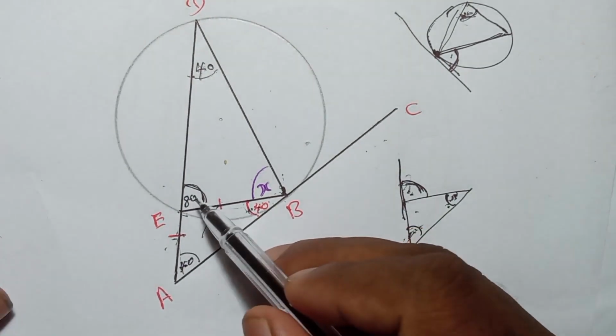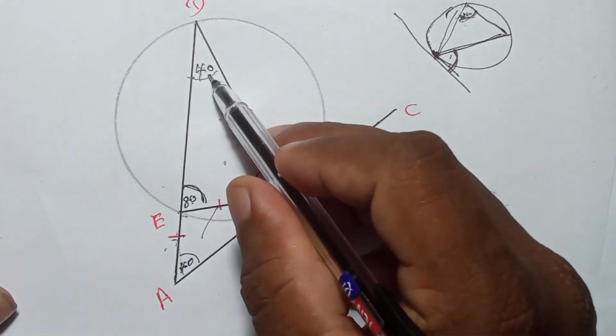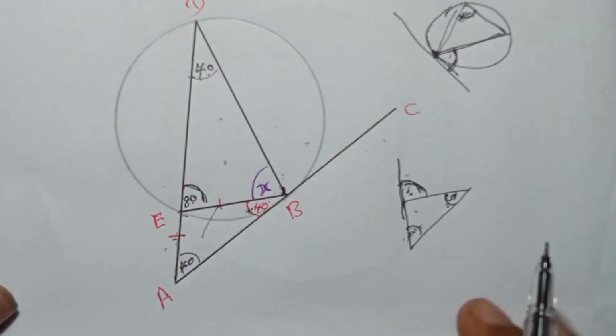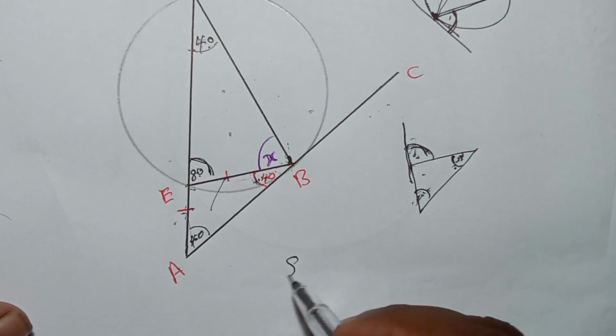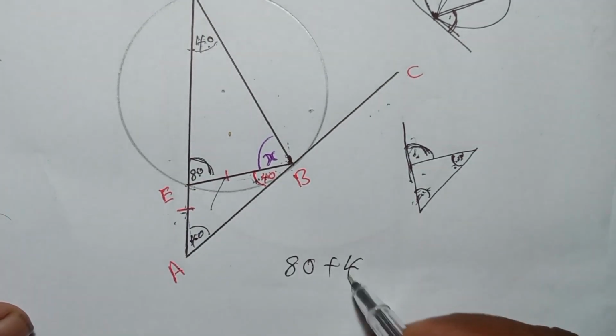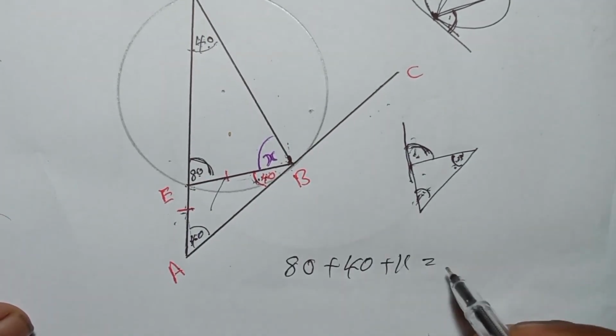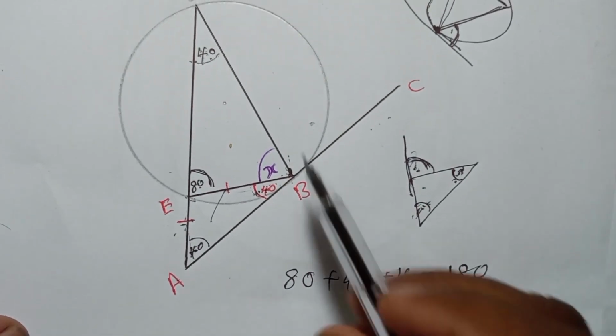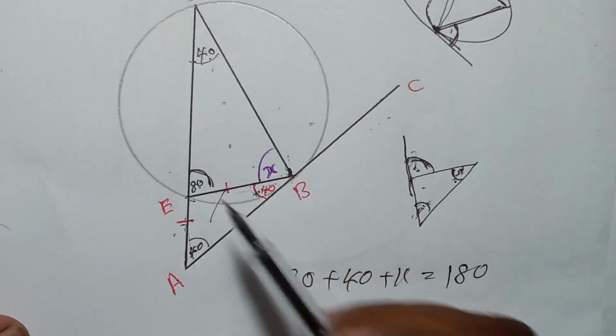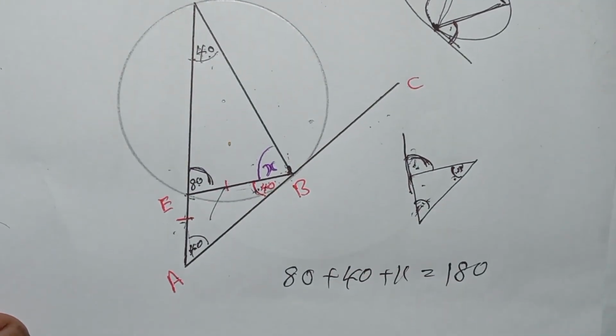Okay, now we have this angle 80, this angle 40. Now you can find x, so you can write 80 plus 40 plus x will be equal to 180, the total of the interior angles, right. You can write some more work in here.